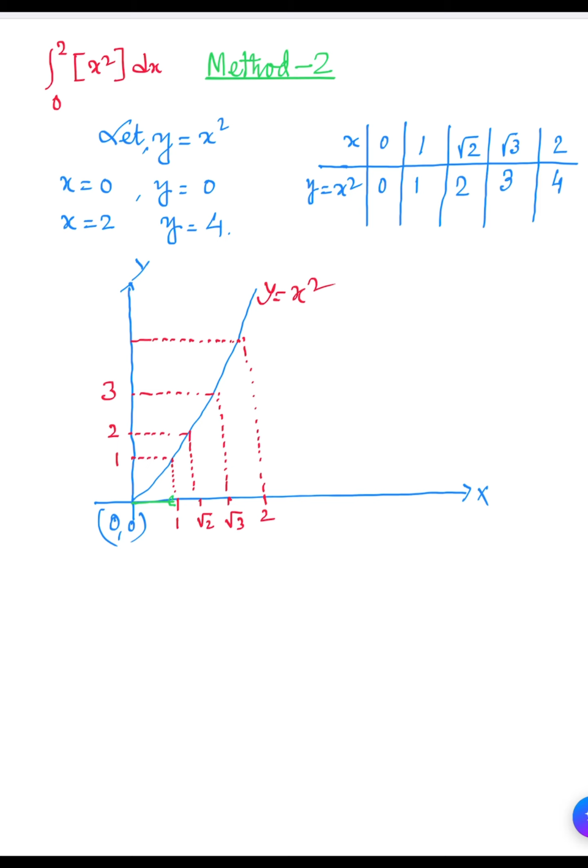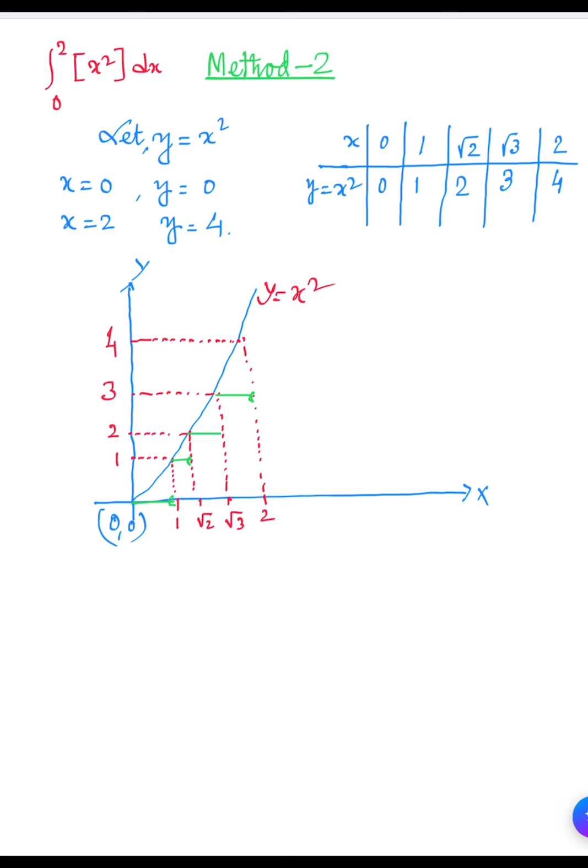Again, it is 1 when x varies from 1 to root 2, open circle at root 2. When x varies from root 2 to root 3, the value is 2, open circle at root 3. When x varies from root 3 to 2, the value of greatest integer of x square is 3.